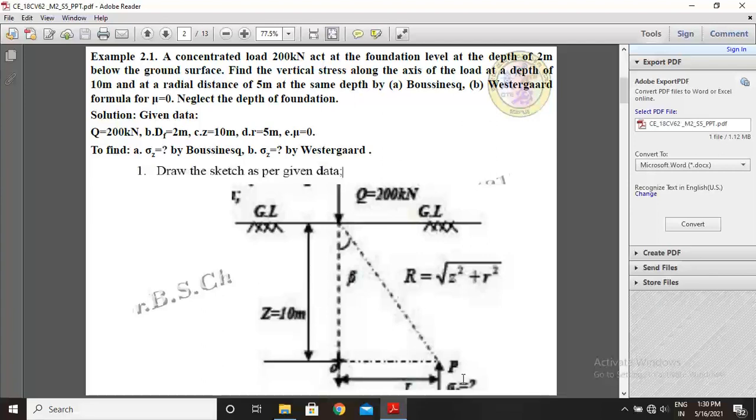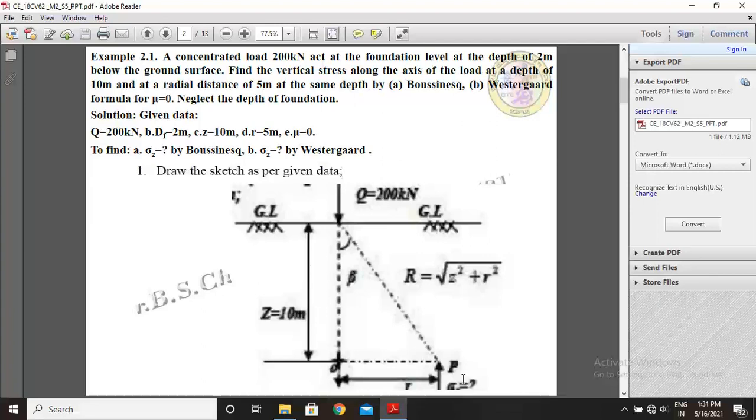Find the vertical stress along the axis of the load at a depth of 10 meter and at a radial distance of 5 meter at the same depth by Boussinesq as well as Westergaard formula for mu equal to 0, that is Poisson ratio equal to 0. Neglect the depth of foundation. So this is the problem.